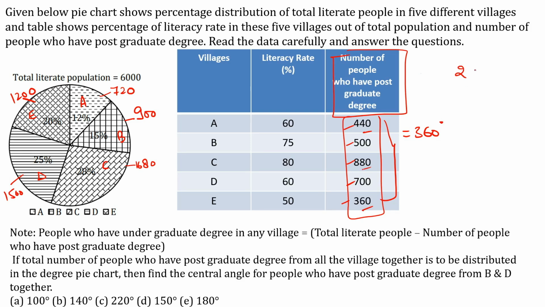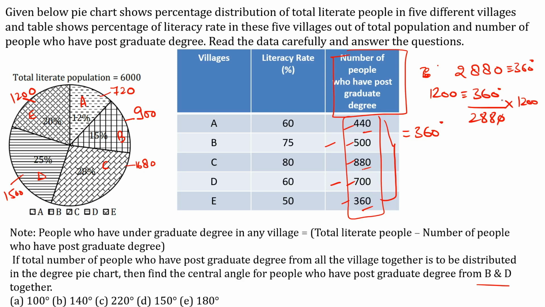The sum is 2880. This is equal to 360 degrees. And we need to find for B and D together. B and D together means 1200, the value we need to find. So 1200 will be equal to 360 degrees divided by 2880 multiplied by 1200.